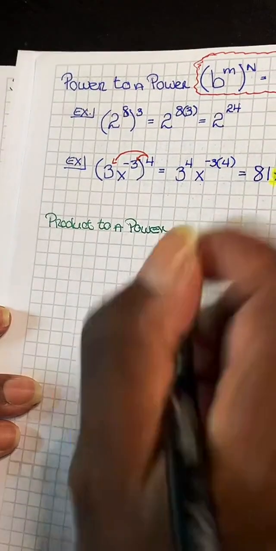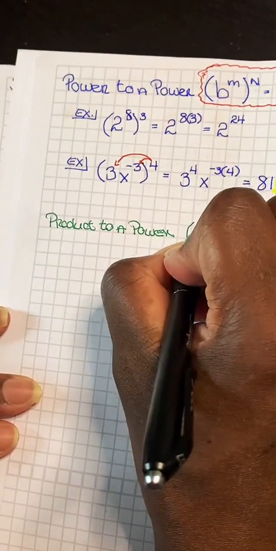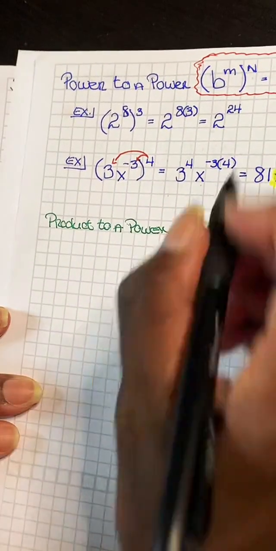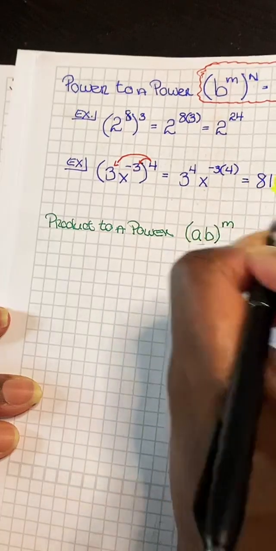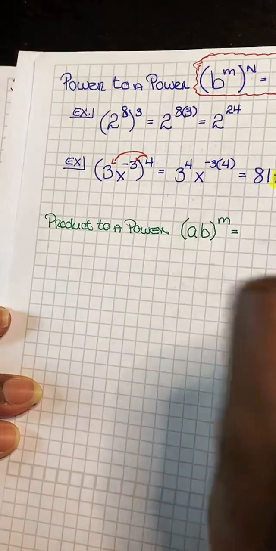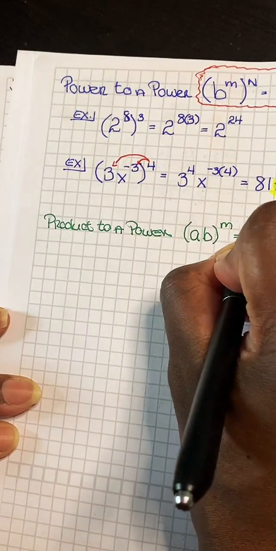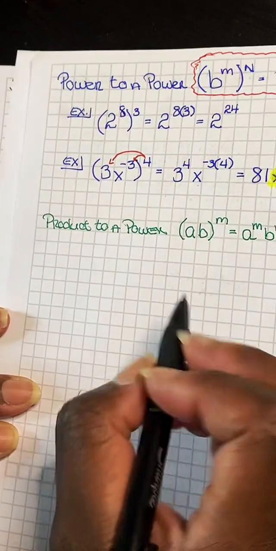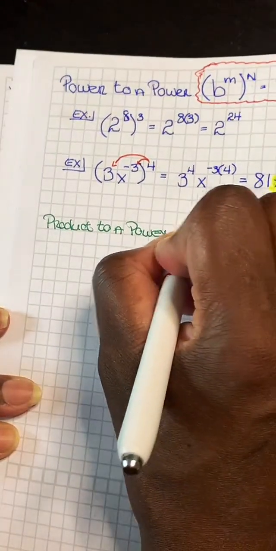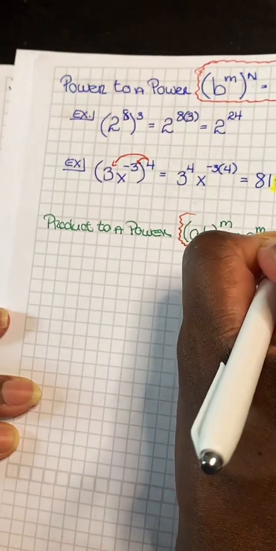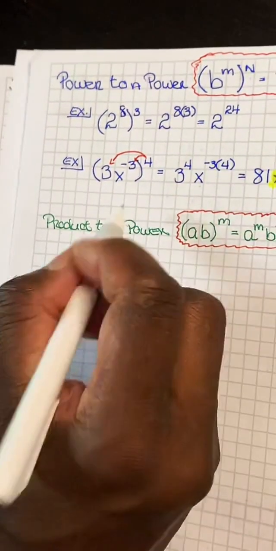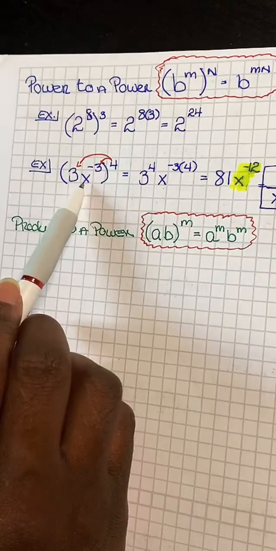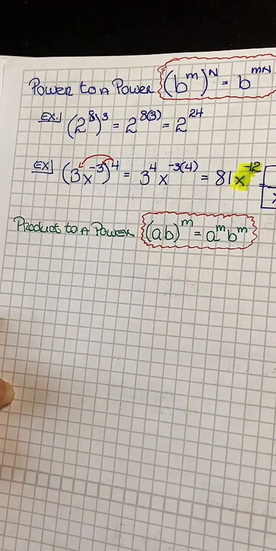So now with the product of a power, when you have multiple things, and that's exactly what we did up here, we have multiple things being raised to a power, to an exponent, that means everything is being carried with that exponent. Okay? So it's very similar to what we did up here.